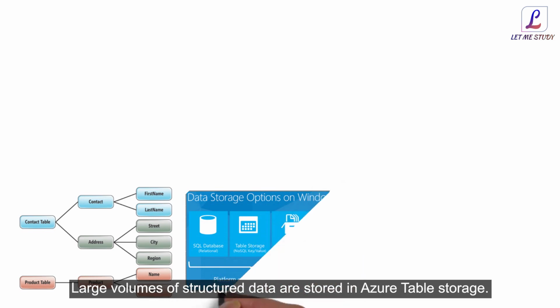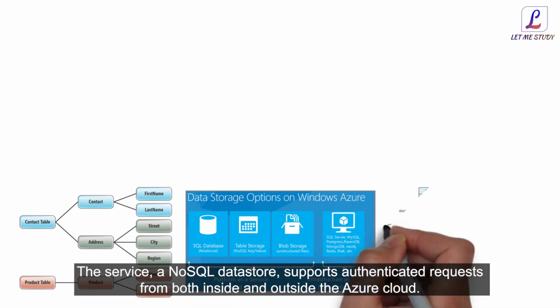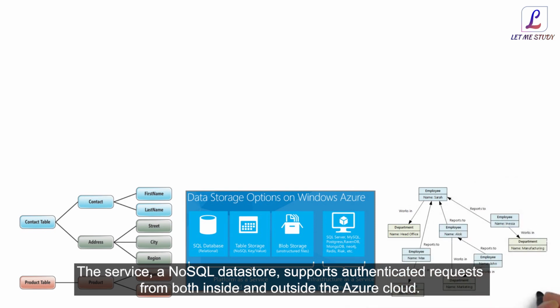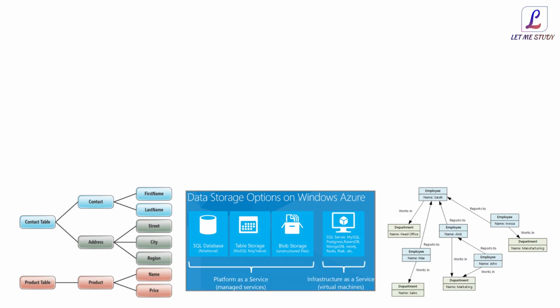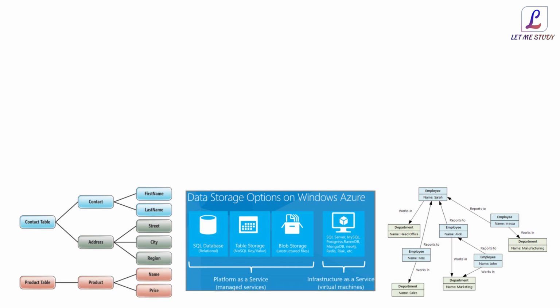Large volumes of structured data are stored in Azure Table Storage. The service, a NoSQL data store, supports authenticated requests from both inside and outside the Azure cloud. Azure tables are suitable for storing organized, non-relational data.